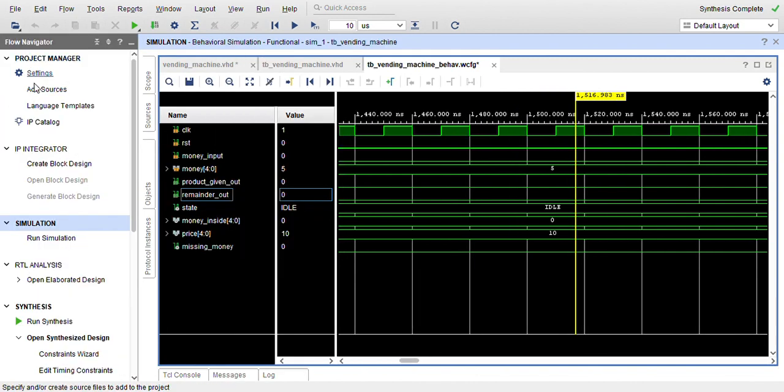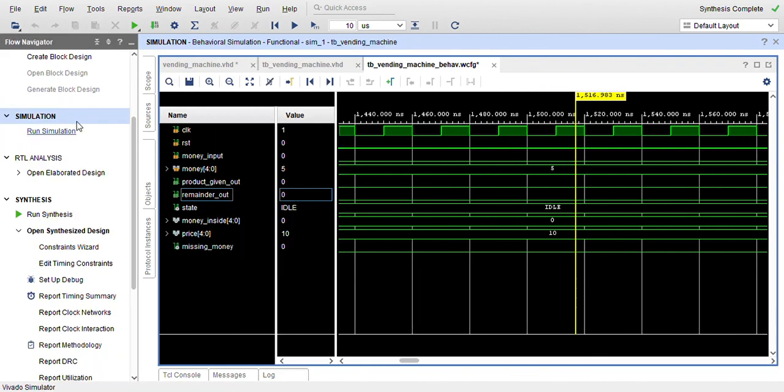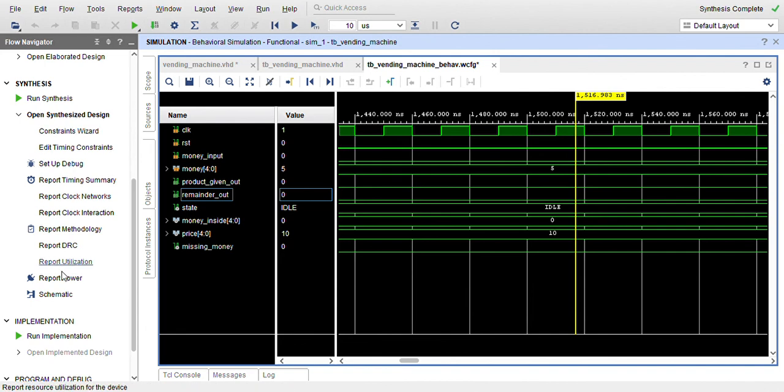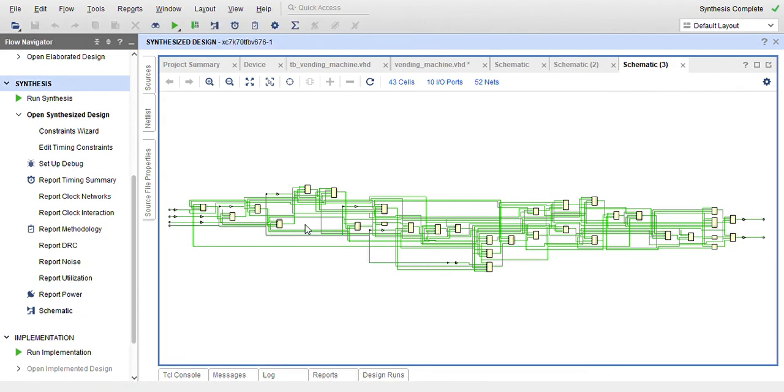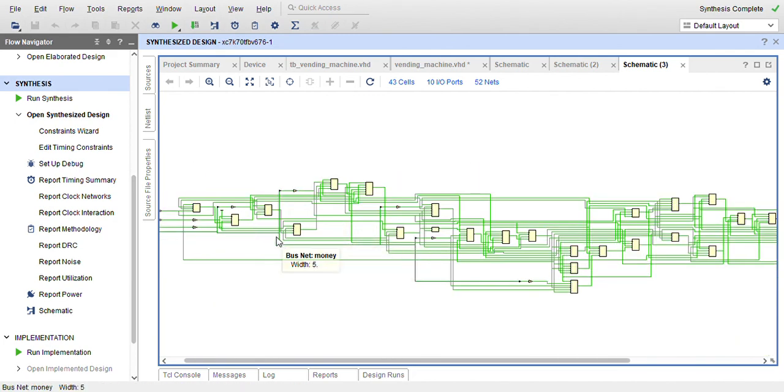We simulated, and we have just one step left, which is the schematic. This is the schematic of our code.